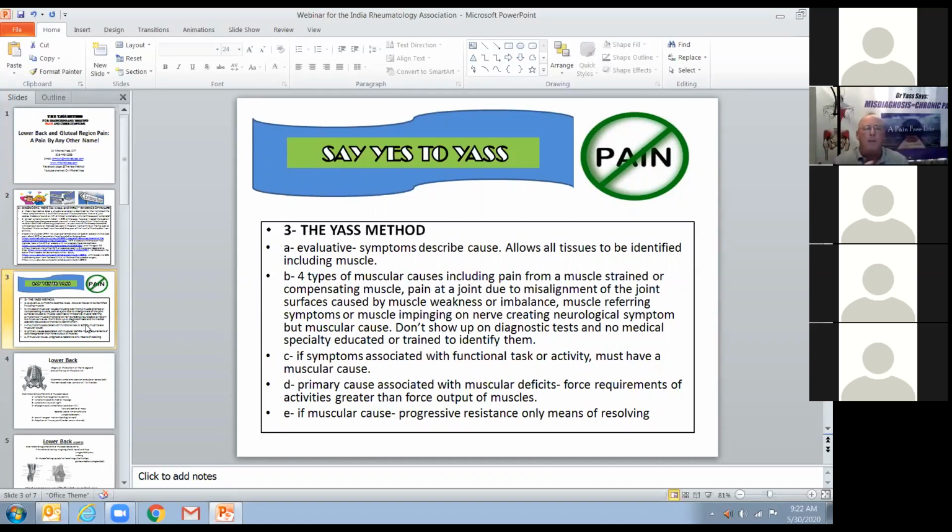So the big question would be, okay, well, if that's true, why now? If you're telling me that the cause of most pain is that the force output of muscles is less than the force, gravity hasn't changed in the history of mankind. What has changed? And why has chronic pain only existed in this period of time from the 1980s and 90s forward? And there's one simple answer. It's technology.